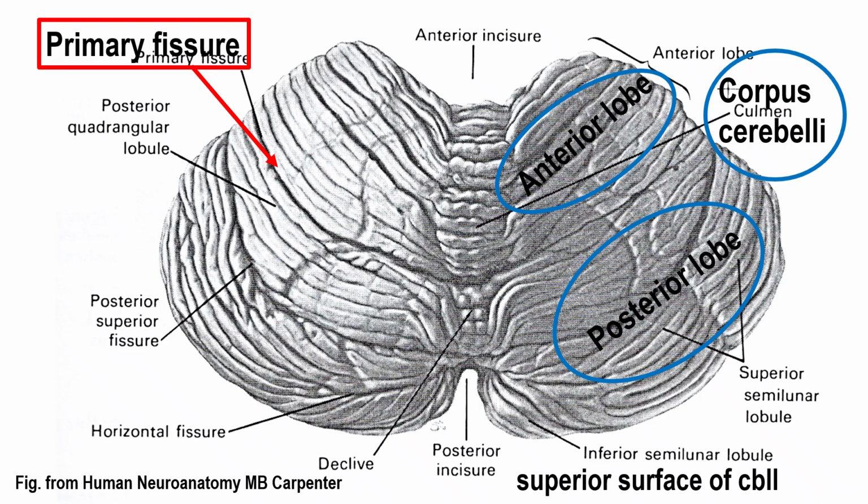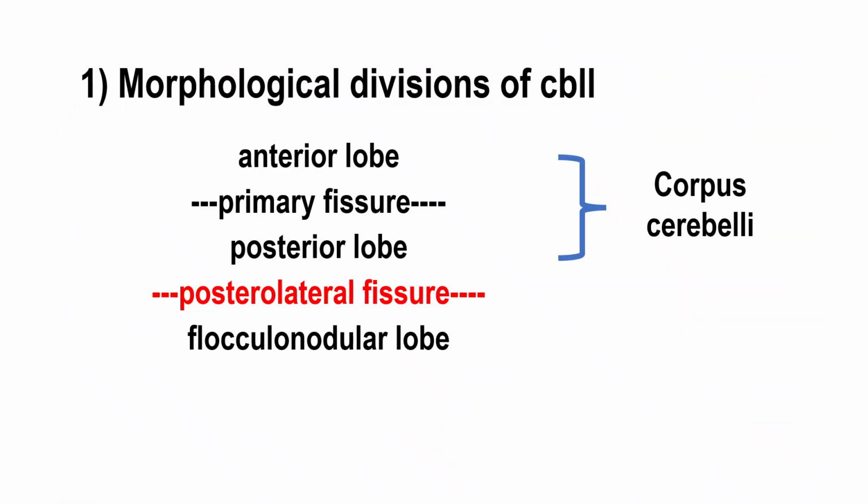The anterior and posterior lobes together are called the cerebellar body, or the corpus cerebelli. The posterolateral fissure separates the posterior lobe from the flocculonodular lobe.